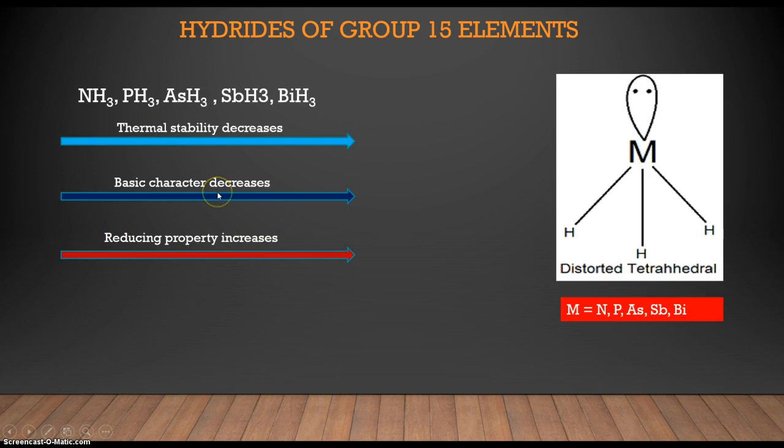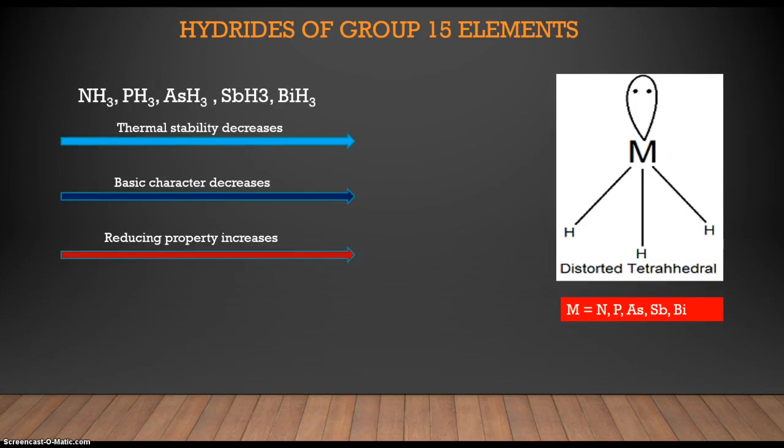Now the last variation of property is the basic character of these hydrides. As you can see here, the basic character decreases from NH3 to BiH3. We have to keep one thing in mind: the basic character of compounds depends on the charge density of the central atom. The more the charge density of the central atom, the more is the basic character, because basic character is nothing but the capture of a proton by a central atom.